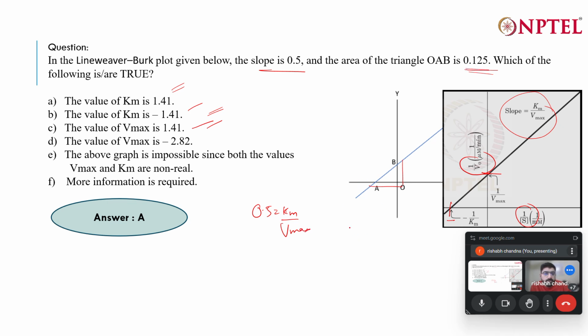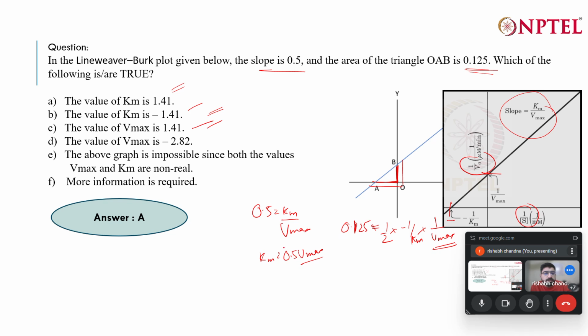So 0.125 is equal to one-eighth. This is a right angle triangle, and the area of a right angle triangle is half into base into height. This is the base and this is the height. The base is equal to 1 by Km and the height is equal to 1 by Vmax. From the previous equation we get Km is equal to 0.5 Vmax.